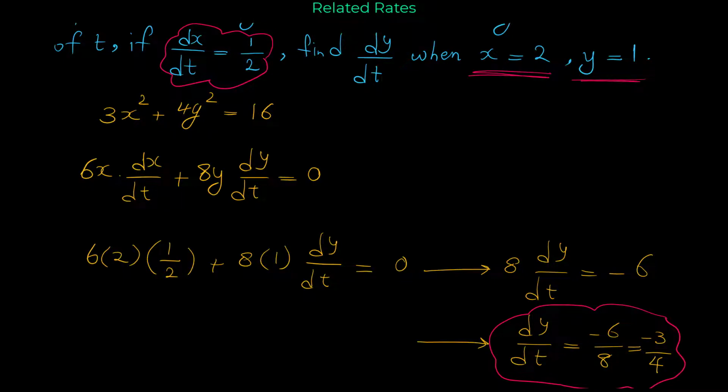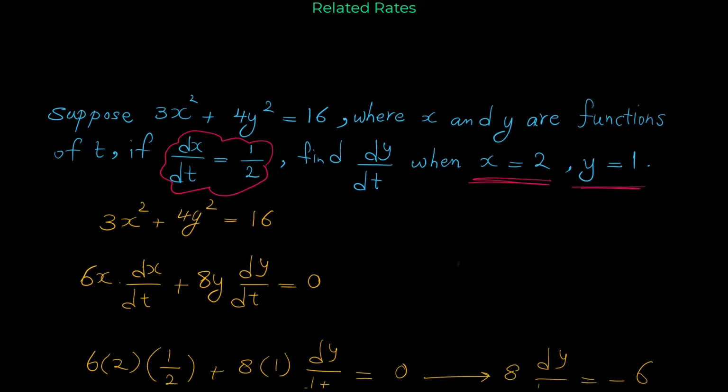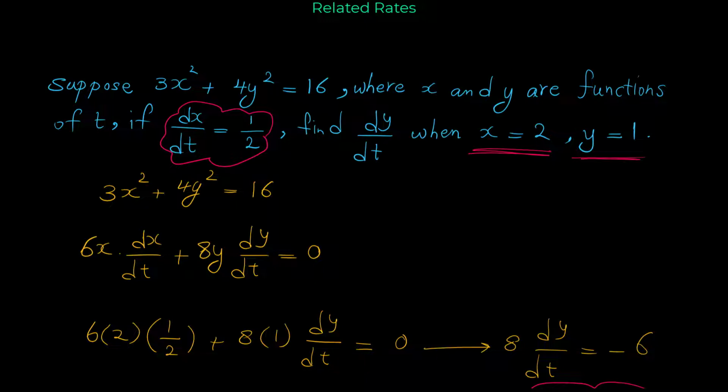Why is the answer here negative? Let me explain it to you. We have a relation between x and y: 3x² + 4y² is 16, it's constant.